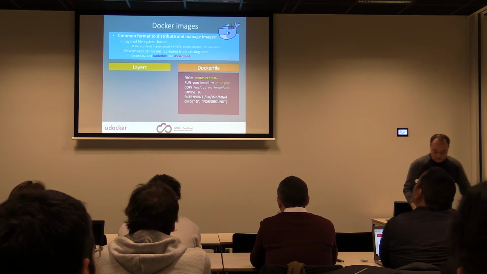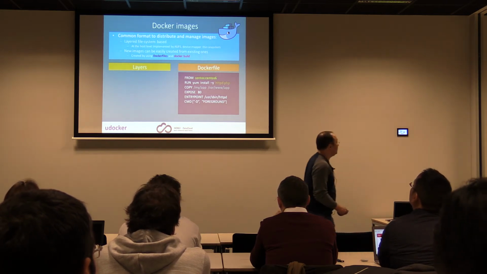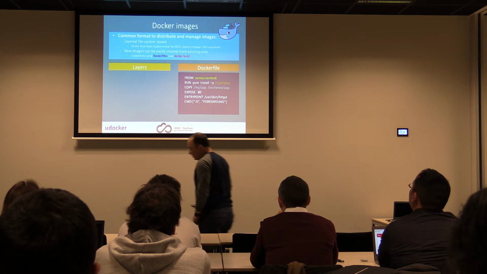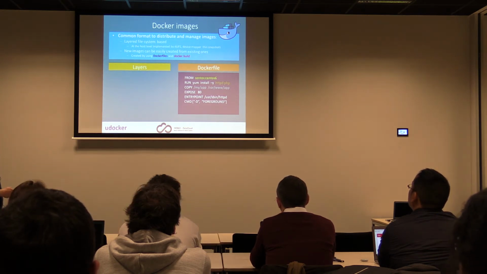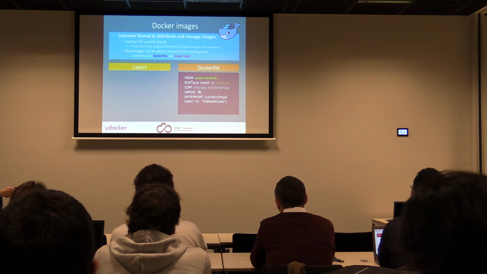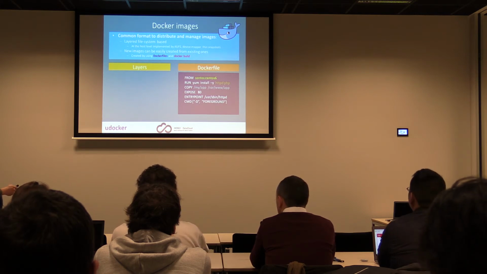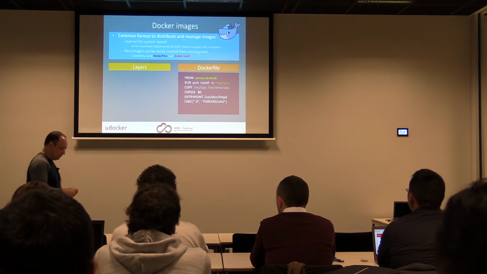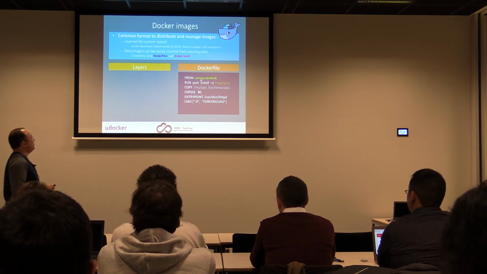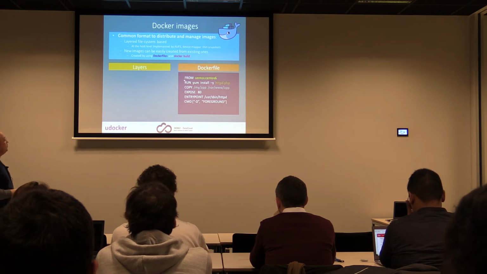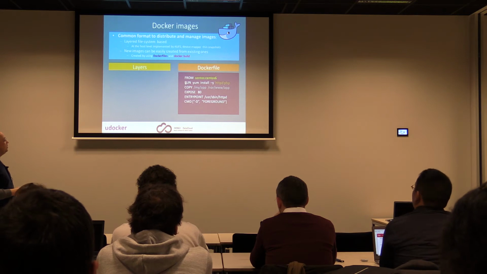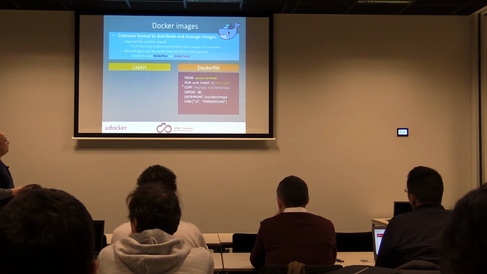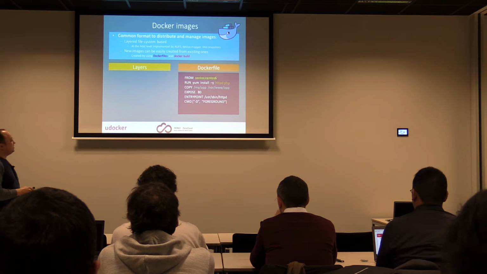So how does it work for Docker? So to build Docker images, you often use a Docker file. A Docker file, it's quite simple file written on a simple language, in which you declare what's your base image. Then you just run commands inside.